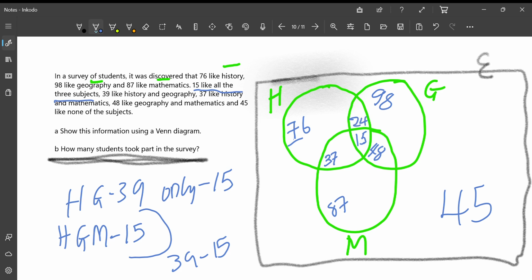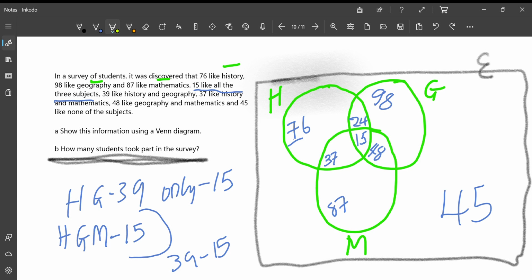So this 24 represents those that like history and geography alone. Because if you look at it, if you add these two circles together where history and geography overlap, if you add everything here, it's actually 39. All right. So I'm just trying to separate it further, whereby we know those that like history and geography alone, and we also know those that like history, geography, and mathematics. That's what those two circles represent.